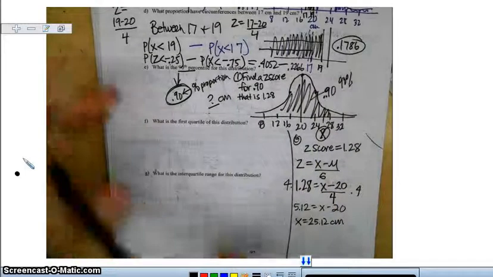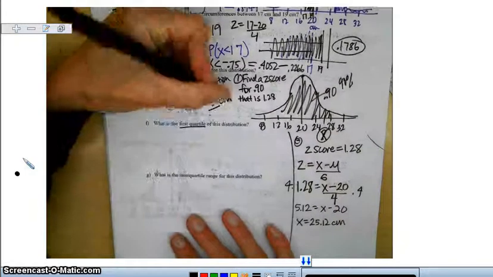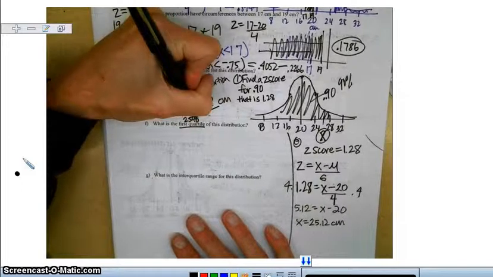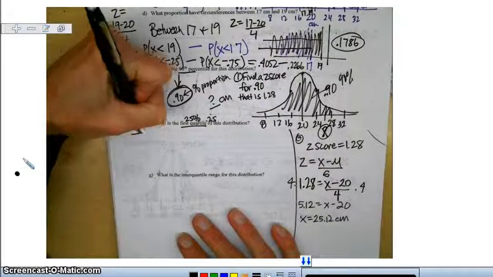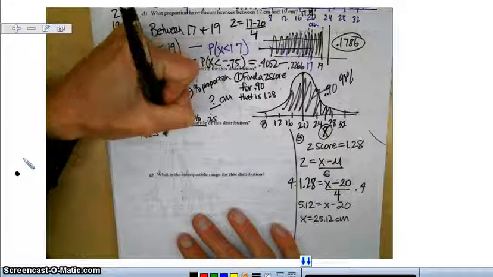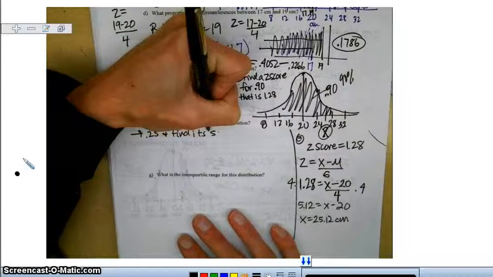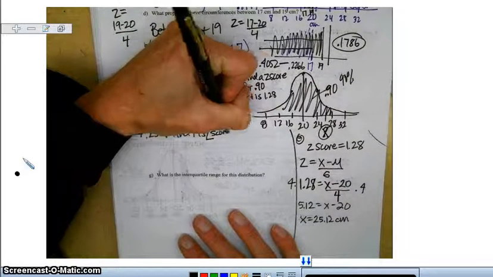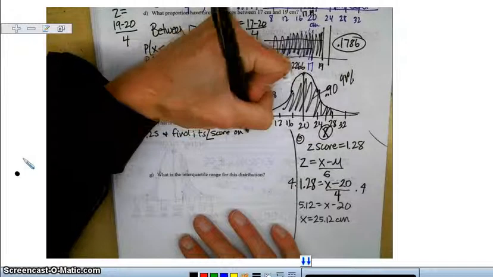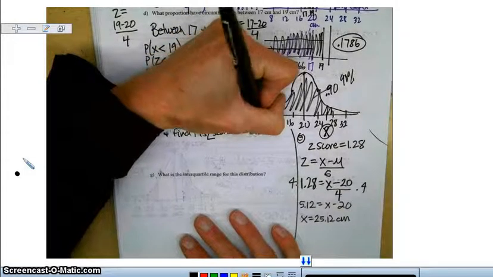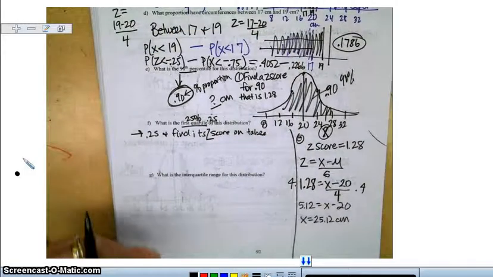Okay, now another question almost exactly similar, except we're asked for the first quartile. The first quartile is the 25th percentile, or 0.25. So we start with 0.25 and find its z-score on the table.